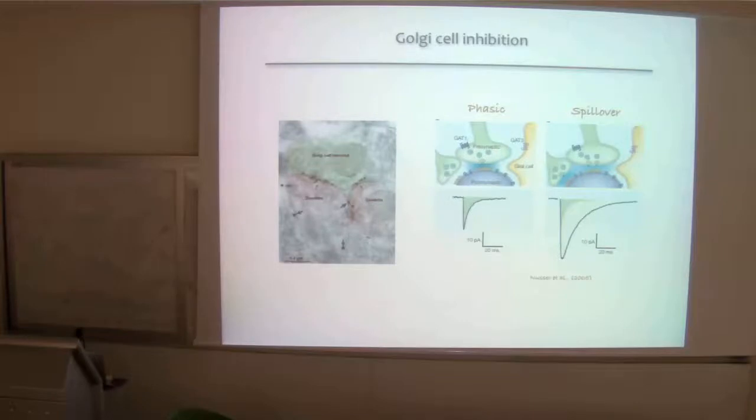Or you can get activity of an interneuron axon terminal which is not directly contacting a granule cell here. It's contacting another granule cell over there. But if you get high-frequency activation here, GABA spills out and activates receptors on a different granule cell. This is what is classed as spillover or spill out of transmitters.